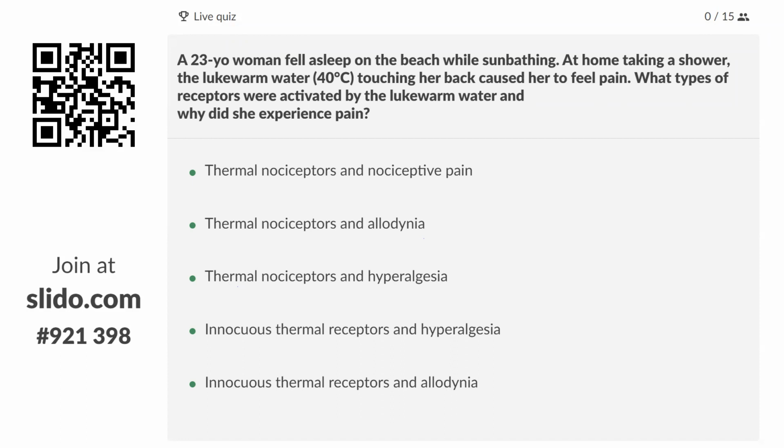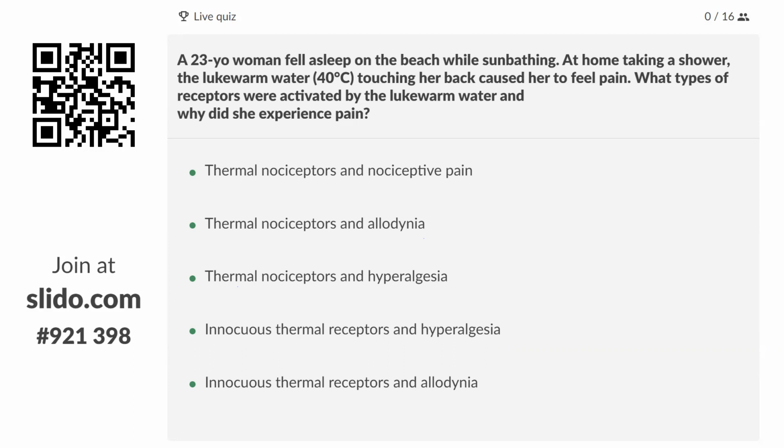At home, she took a shower with lukewarm water, 40 degrees. Remember, it's not above 45 degrees, so it is not above the threshold of the warm receptors. Touching her back caused her to feel pain. So what types of receptors were activated by the lukewarm water, and why did she experience pain?